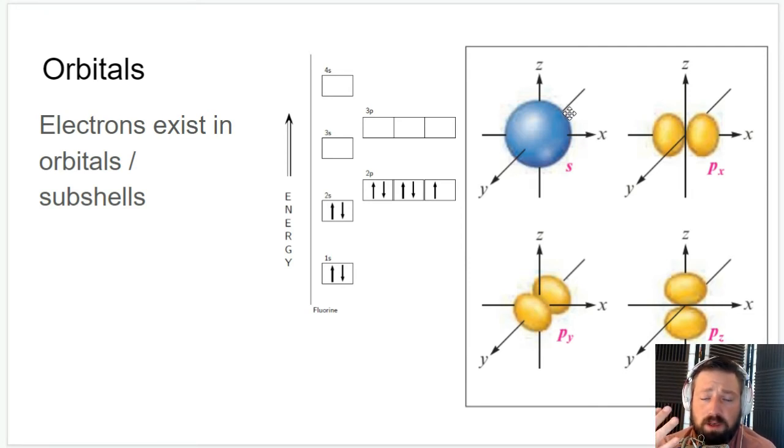If we're hybridizing all 4, we have s, p, p, p. So 1 s and 3 p's. And the term we use for a hybridized orbital that has all 4 of them like that is an sp3 orbital.